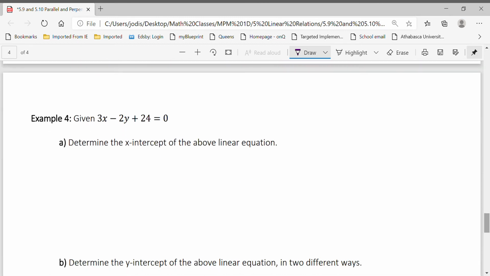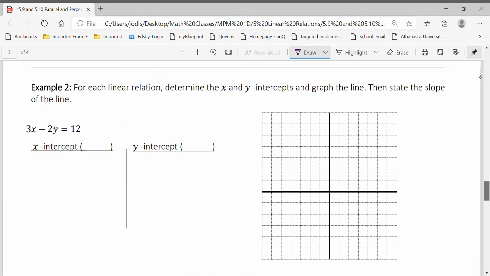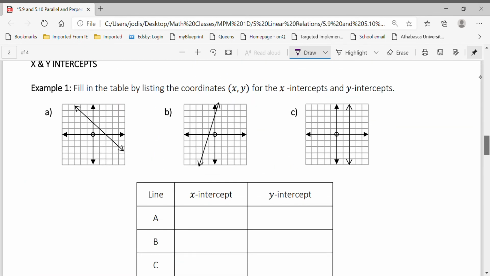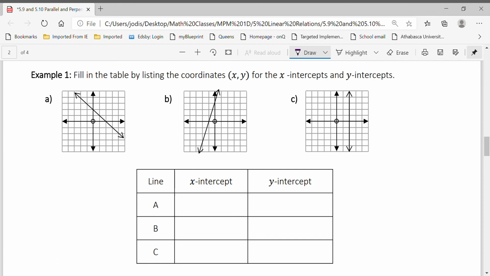Okay, so next we're going to talk about some x and y intercepts. So first we want to be able to fill in the table by listing the coordinates for the x and y intercepts. So remember, x and y intercepts are when the line is crossing either the x-axis or the y-axis.